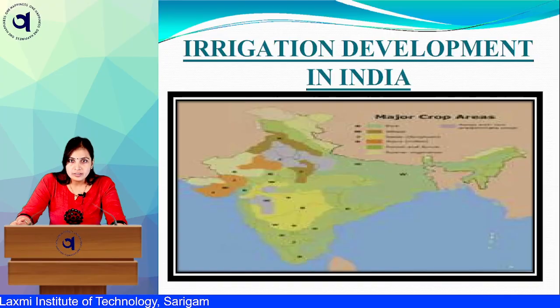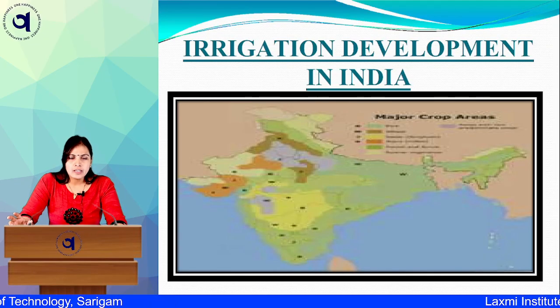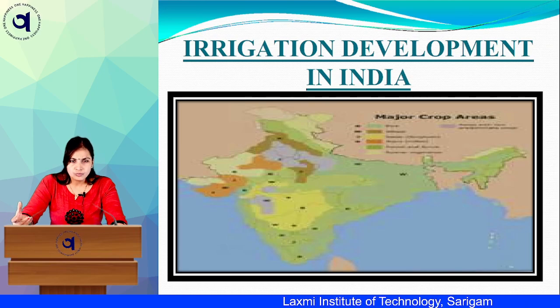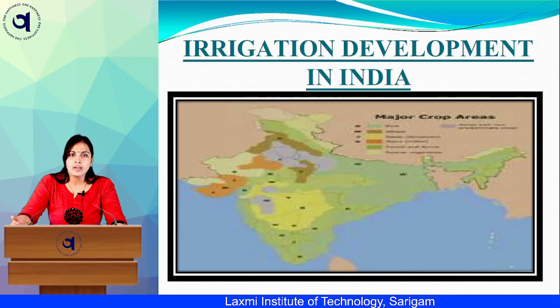Irrigation development in India. This map is not clear, but you can get a brief idea about the major crops in India. In the Maharashtra region, people are growing groundnut, cotton, and in Gujarat also, in the Saurashtra region, they are growing cotton. Depending on the type of soil we have, we can grow various crops. Some areas are particularly known by a GI tag, a geographical indication tag.